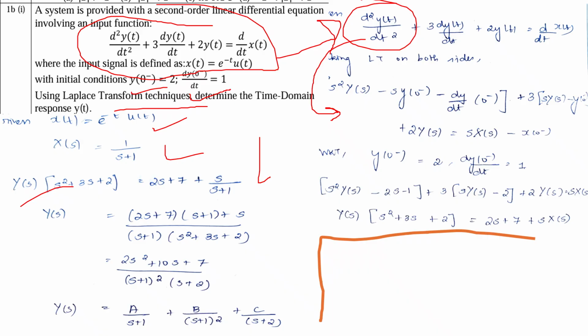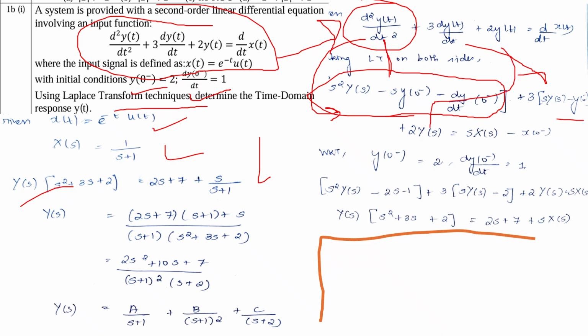So check the properties. It will be s square Y of s, then s y of 0, and dy by dt. Similarly, 3 dy by dt, you will get 3 Y of s, s y of 0 minus y of 0. And this is 2Y of s, and then on the right side you will get X of s minus x of 0 related to that.